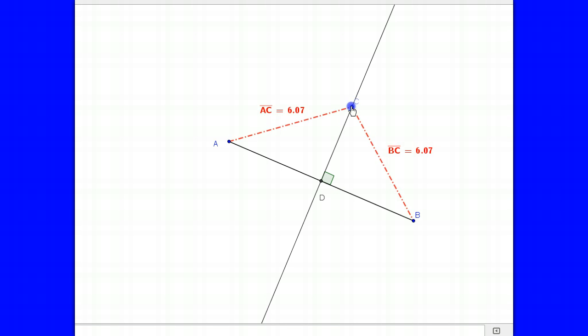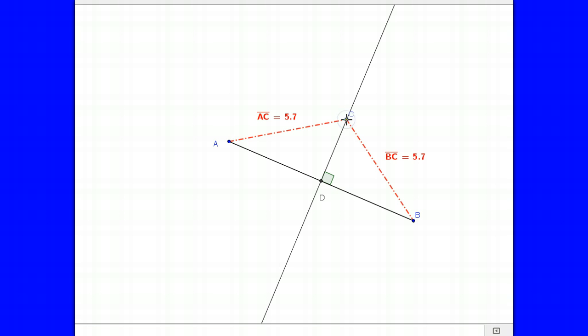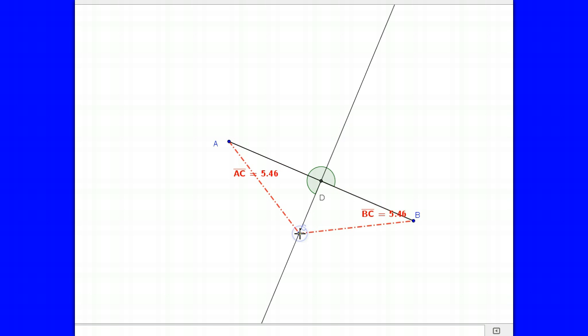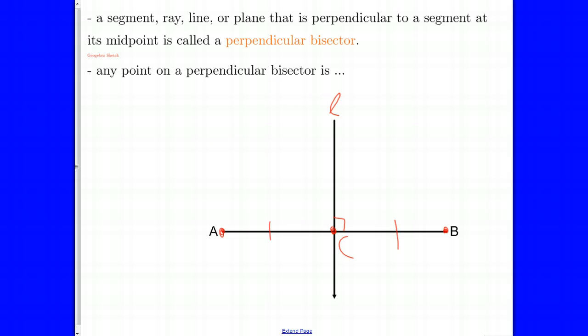So, I put this point C on here, and what I want you to pay attention to is those two measurements, segment AC and segment BC. Wherever I move point C on the perpendicular bisector, what do you notice about those lengths? They're always the same. So that's our property for a perpendicular bisector.